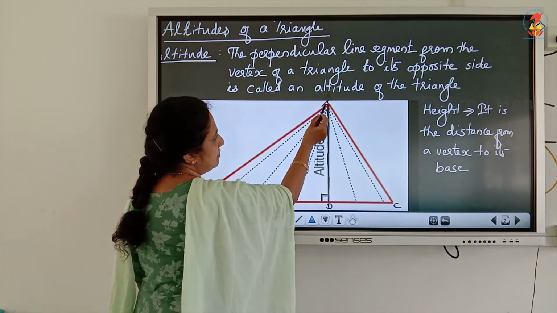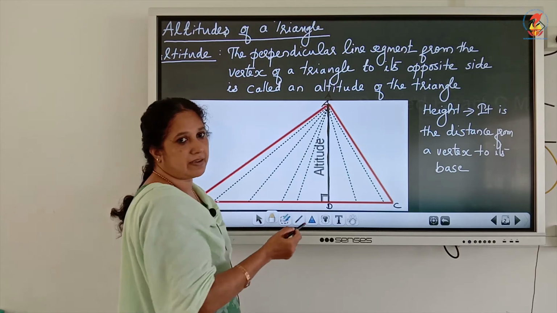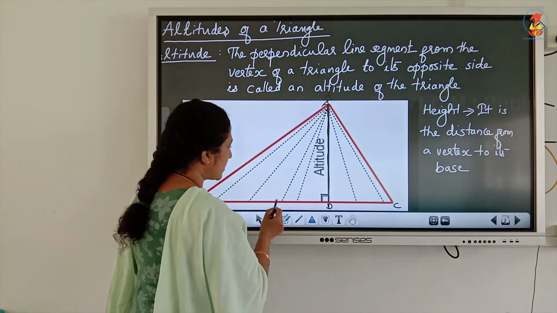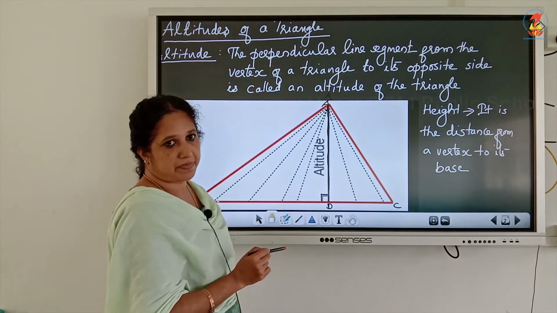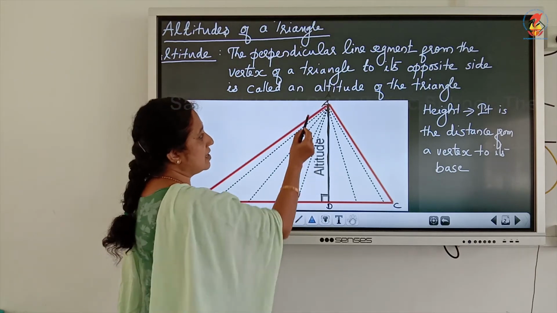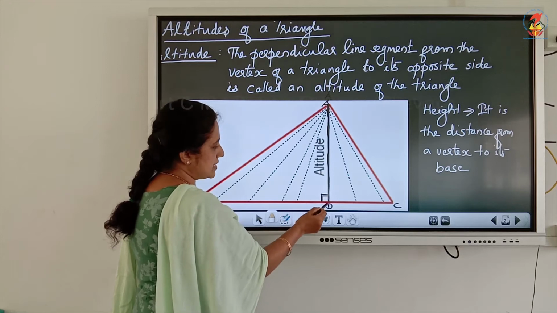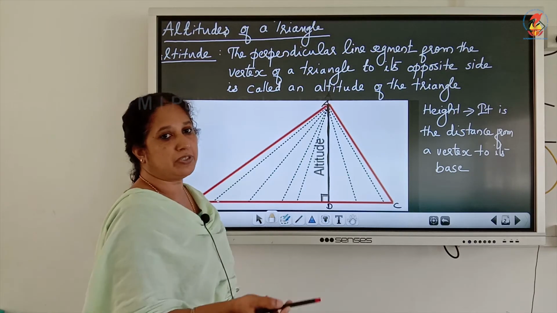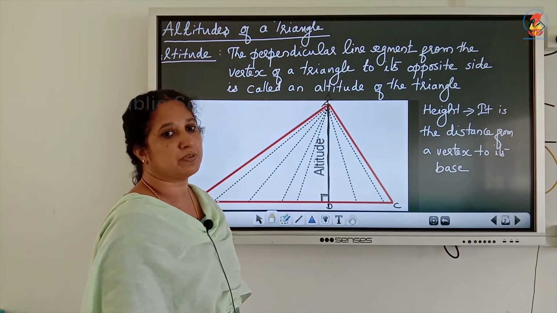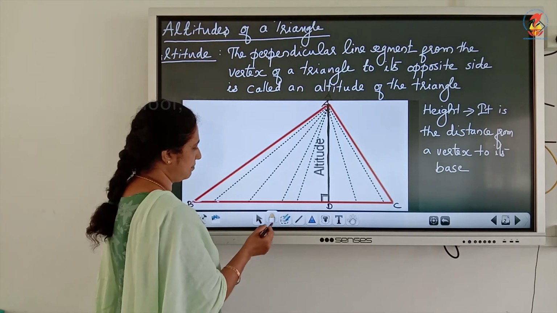The line segment which starts from A comes straight down to BC and is perpendicular to BC gives you the height of the given triangle.